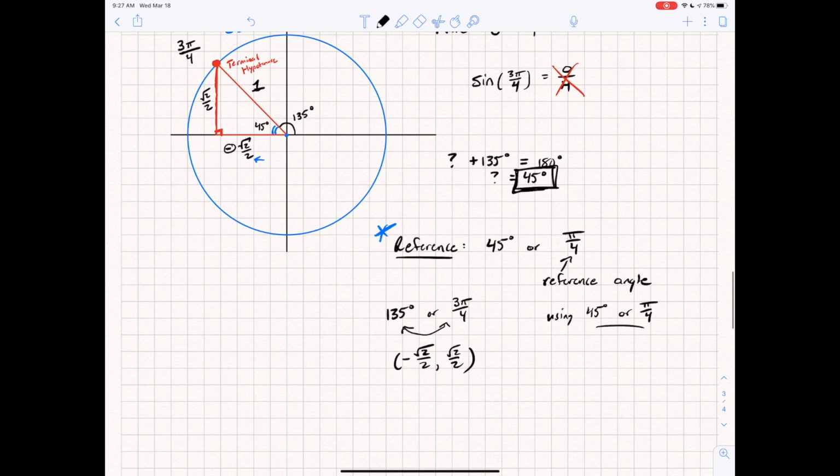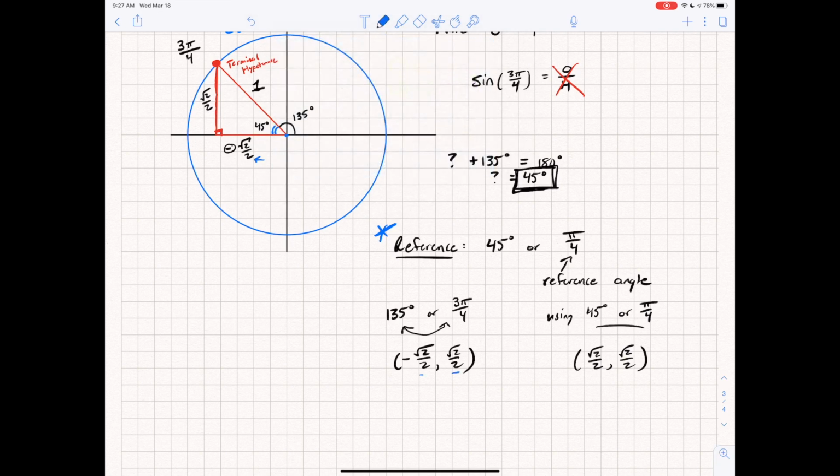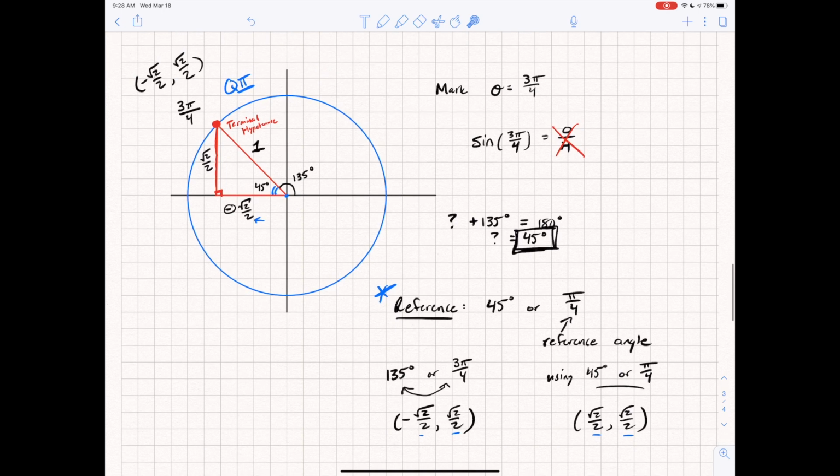The ordered pair for pi over 4 was root 2 over 2, root 2 over 2. The exact same values for x and y, but the only difference is that for 3 pi over 4, it's negative. Well, why is it negative? Because we're in quadrant 2.